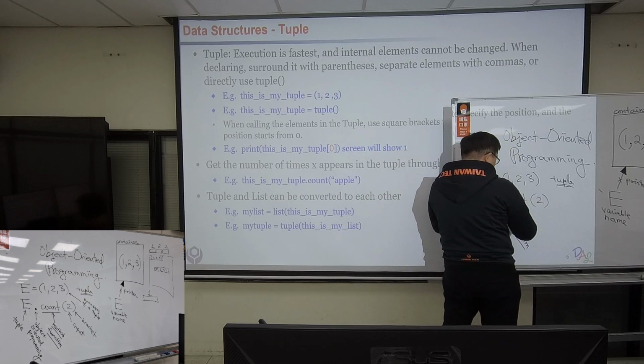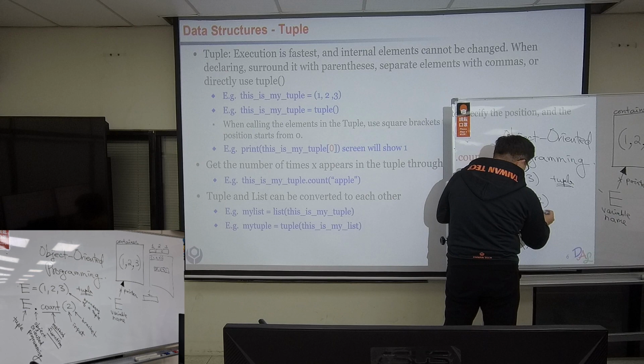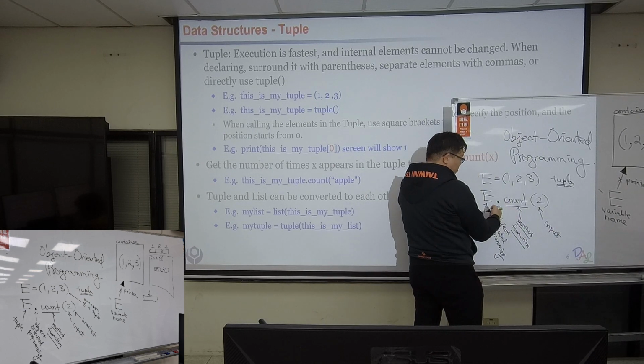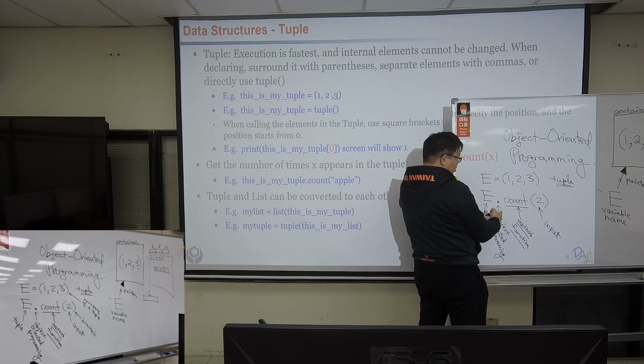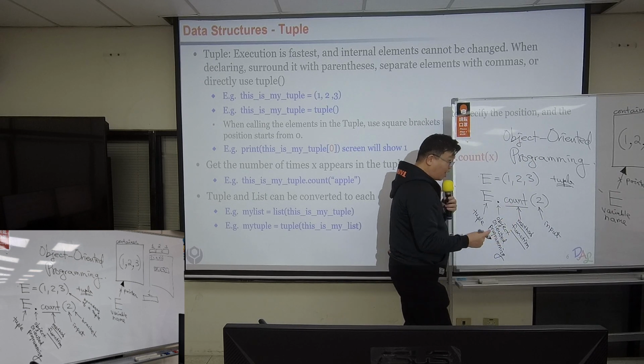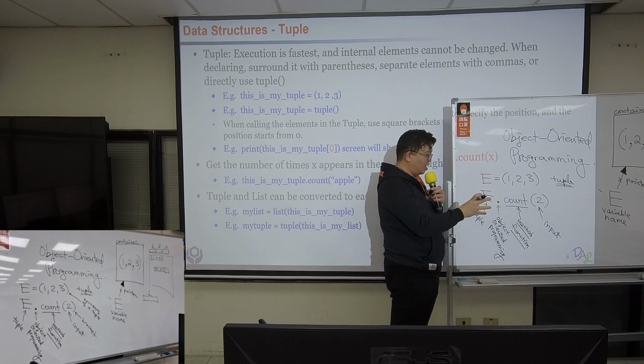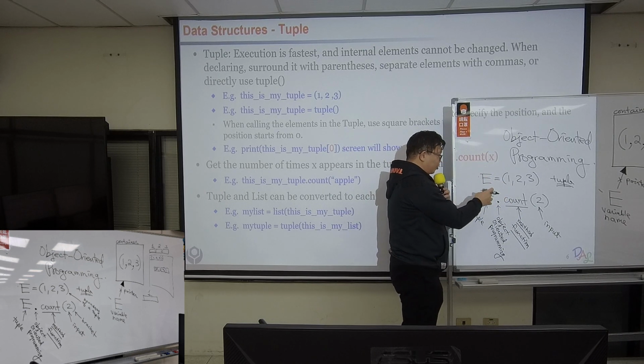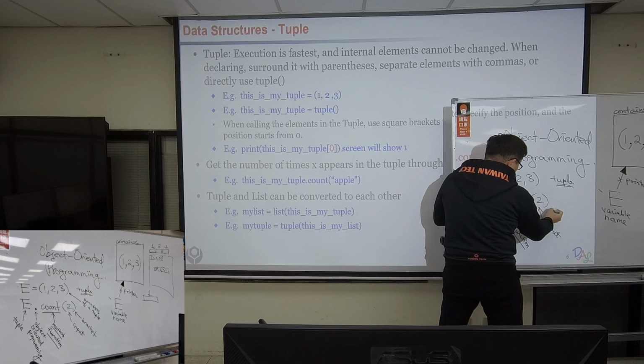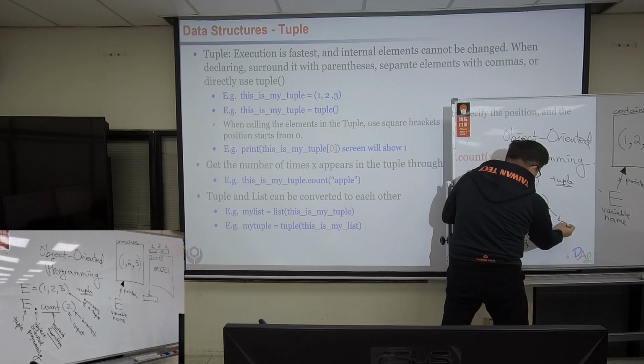The bracket next to it is basically the input for the method or the function. So whenever you are applying input to a function, you always use the rounded bracket. Okay?